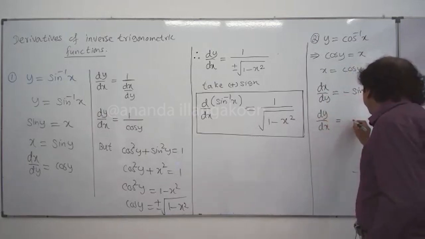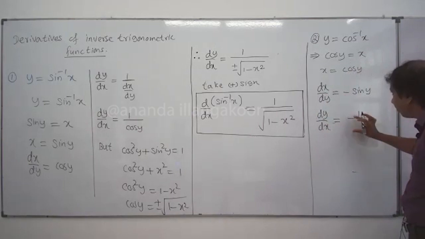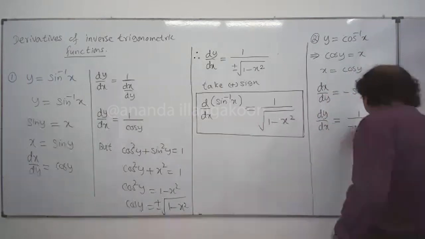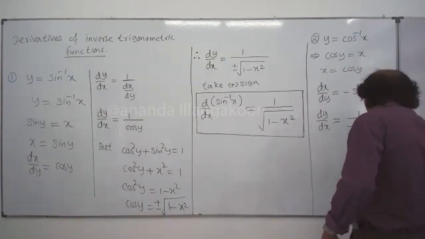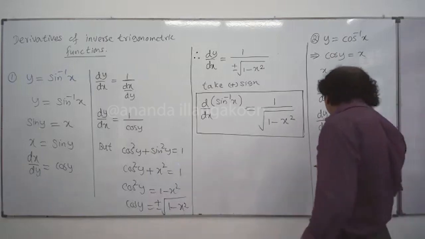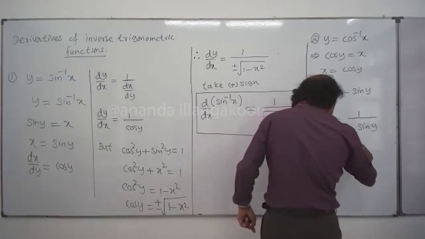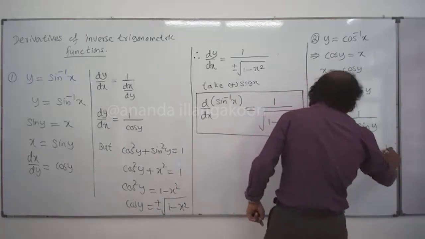Then dy by dx is what, people? Dy by dx means 1 over dx upon dy, but dx upon dy is minus sin y. Now again you can write sin squared y plus cos squared y equals 1.